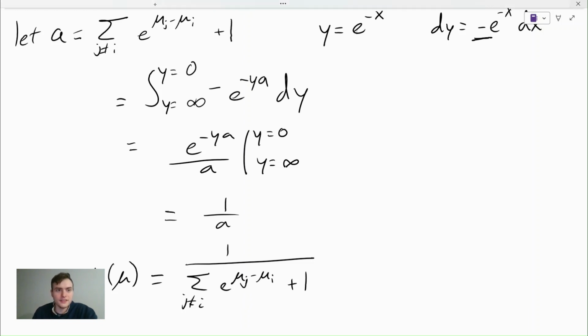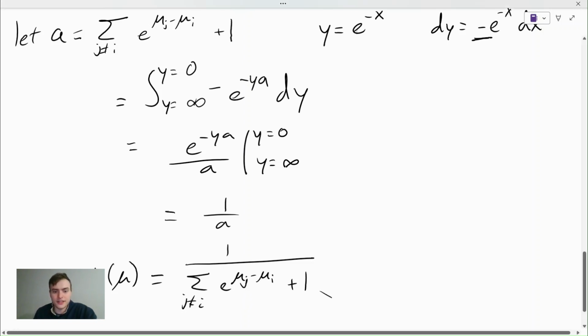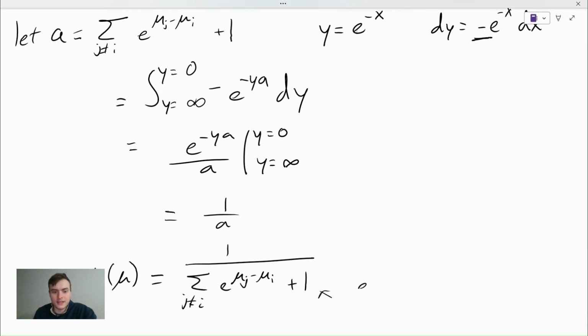And note, this 1 is the same as e to the mu I minus mu I, which would be e to the 0, right?